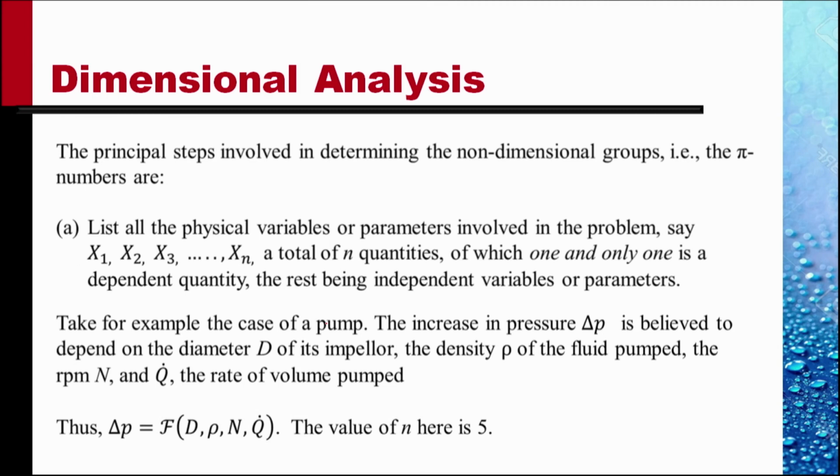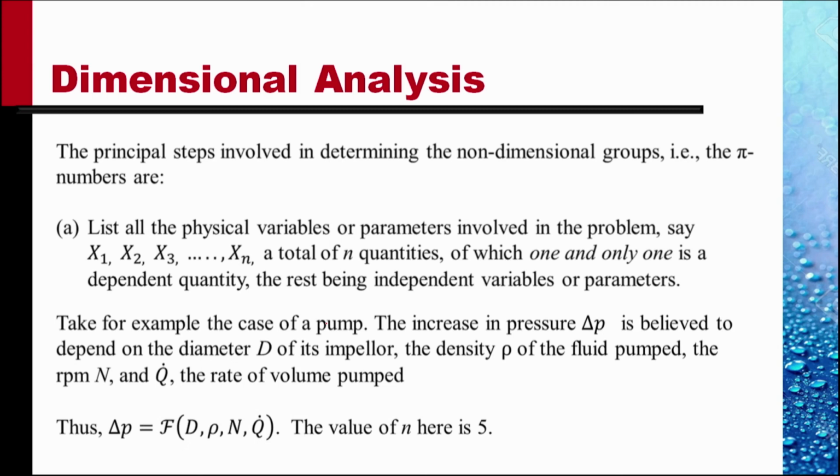Take, for example, the case of a pump, a water pump like we discussed earlier. The increase in pressure delta P is believed to depend on the diameter d of its impeller, the density rho of the fluid pumped, the RPM n, and Q dot, the rate of volume pumped.